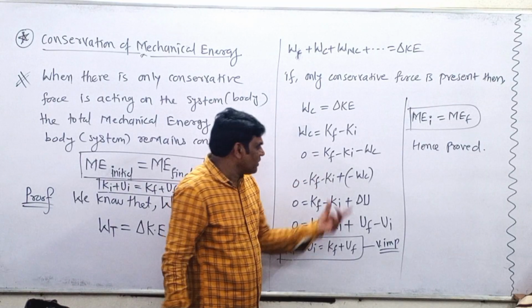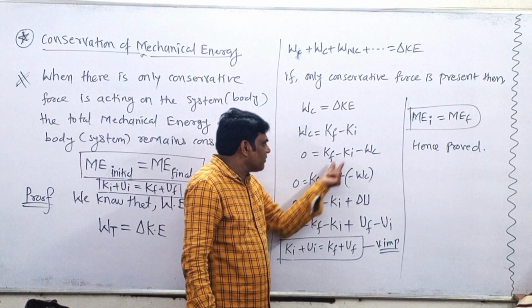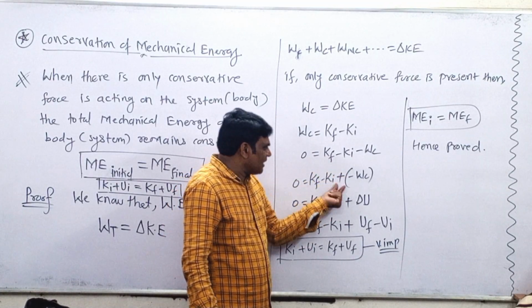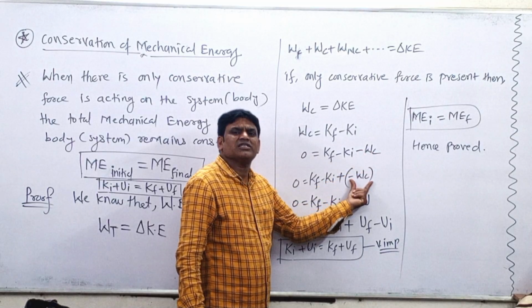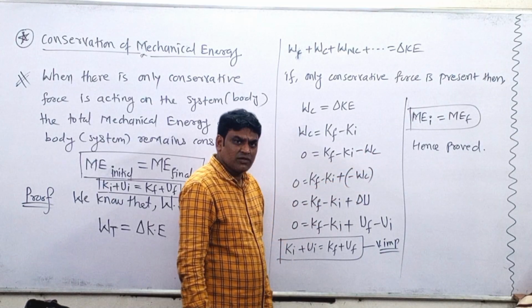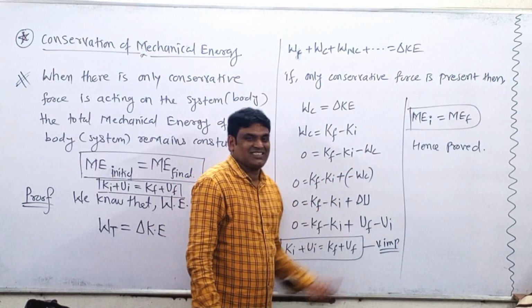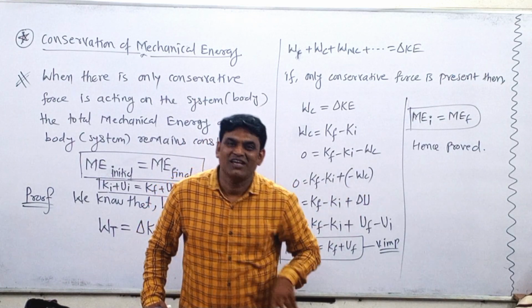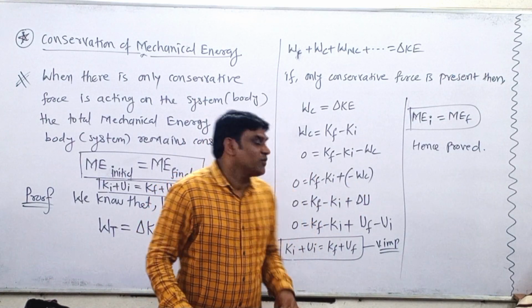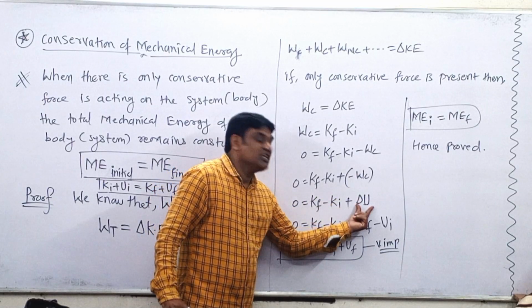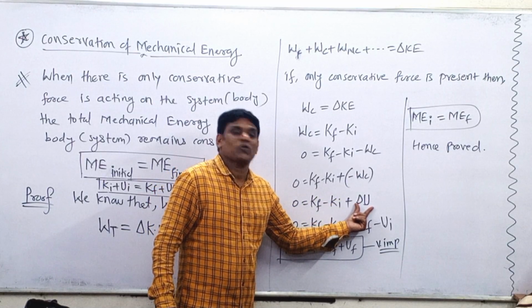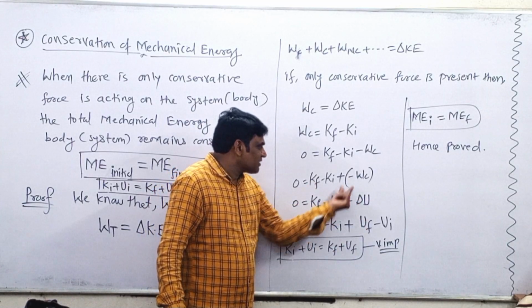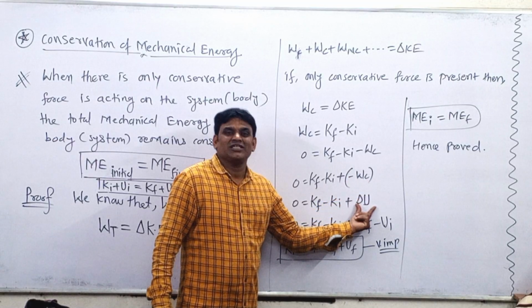So no change I am doing. Kinetic energy final minus kinetic energy initial plus the negative work done by the conservative force. We have already learned that negative work done by the conservative force is what? Change in potential energy. Yes or no? So this term is the change in potential energy.